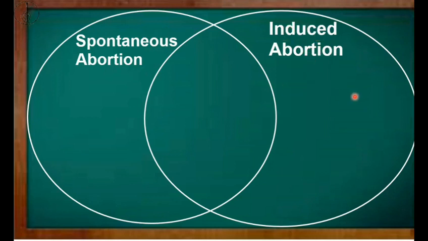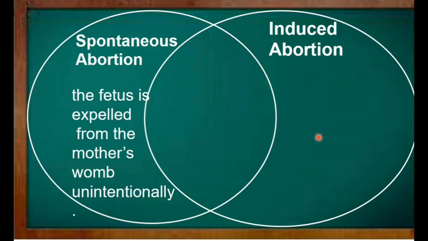Now, these two sides are called differences of ideas in the given selection. And then here in the middle, it is the similarities. So in other words, you are going to write down here on both sides the differences. On the left side is about spontaneous abortion, and then on the right side is about induced abortion.